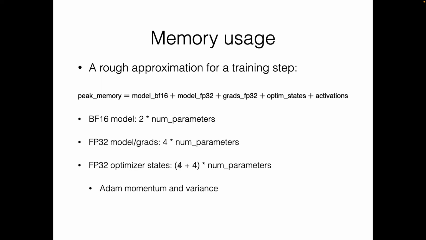For instance, for Adam, you have 2 different states that you keep, so that will again be 4 bytes for each parameter. So there's actually a lot of memory usage. It's not just the model. Now the equation up here is pretty simple. It's basically just summing these things that I talked about, and then you also have the activations that you have as you're performing the actual computation.